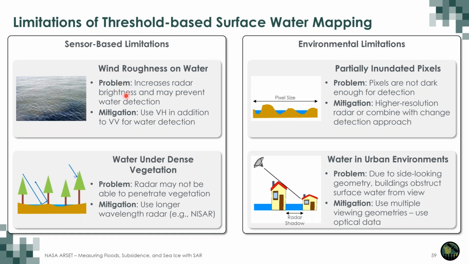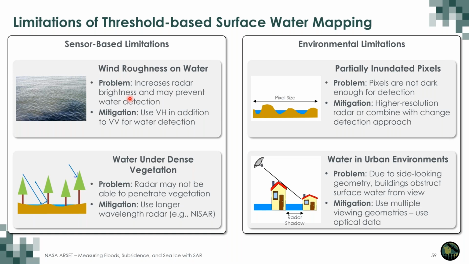You can try to mitigate this problem by doing thresholding not only on the VV polarization, the co-polarization, but also on the cross-polarization. It turns out these cross-polarizations are more resilient to water roughening. So there are some workarounds to mitigate the wind impact.